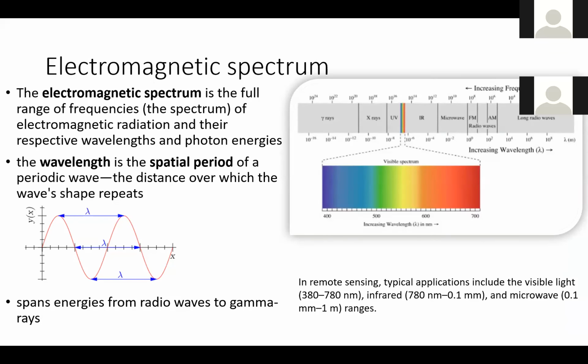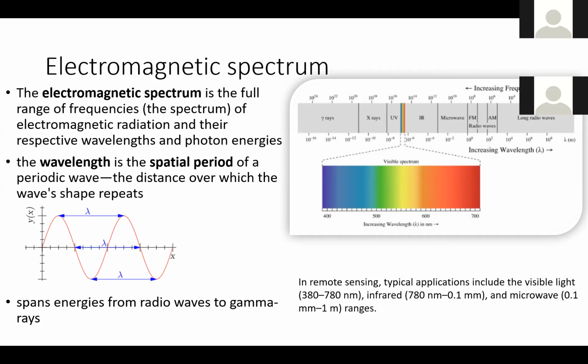What is the electromagnetic spectrum? You probably know this basics from your physics course from school or high school, but just a short reminder. The electromagnetic spectrum is the full range of frequencies of electromagnetic radiation and their respective wavelengths and photon energy.